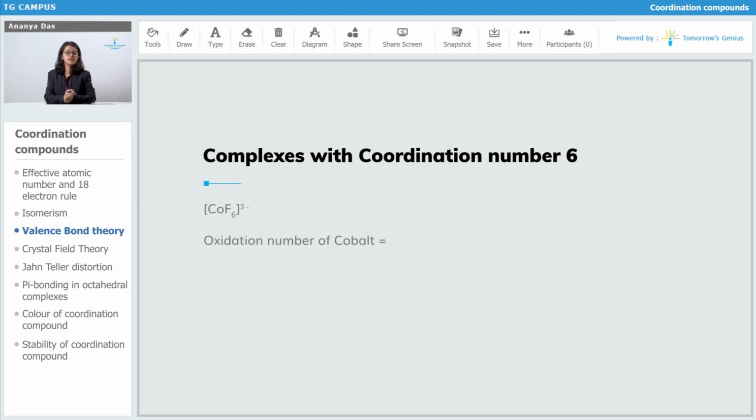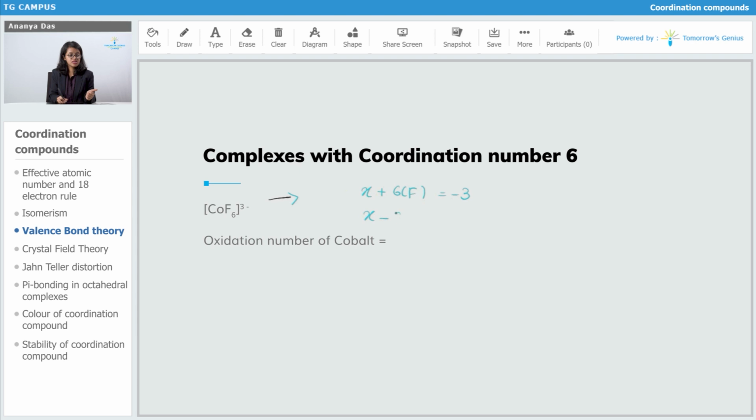Next we come to another example. Again we are going to do an octahedral complex. In this case the cobalt is the same, what is changing is the ligand. First of all, again you have to find the oxidation number of cobalt. So that's going to be X plus 6 into F is equal to minus 3.